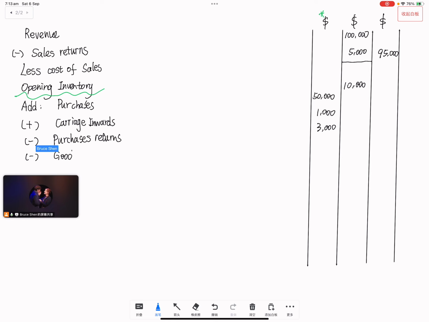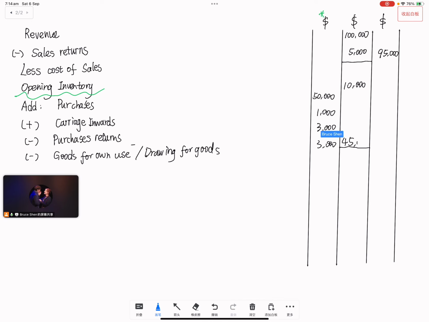We can write drawings of goods here, also 3,000. Okay, so now we have the full details here. So we need to draw a line and get a figure here. So first we have 50,000 and 1,000 minus 3,000 minus 3,000. It is easy, as for me. It is 45,000, right?